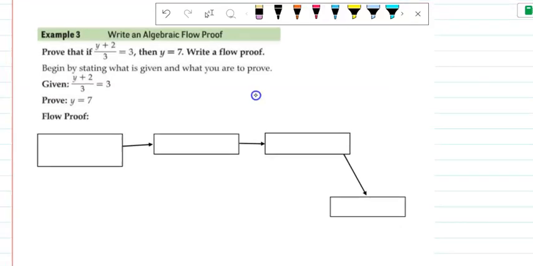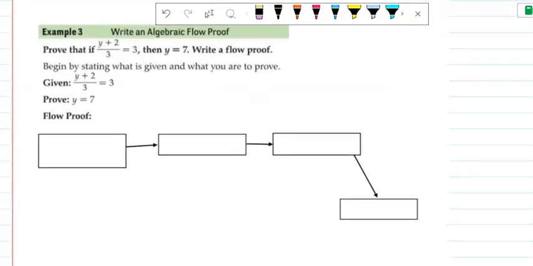Okay, so remember, we're always going to start with our given. So that is (y plus 2) over 3 equals 3. And then the reason for that statement is that it was our given. That's how we always start. Okay, this would technically be like number 1 in our two-column proof, if you want to think about it like that. And that would flow into box 2.